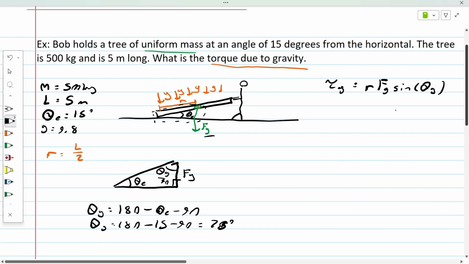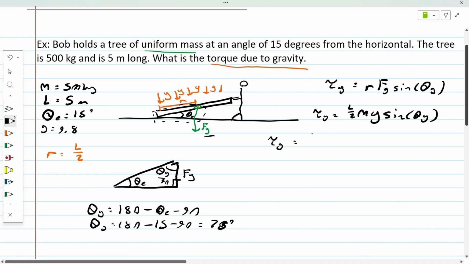So now we can start plugging some more variables in. So we said r is 1/2 the length. Our Fg is just mass times gravity, because that's always what mg is. And we know the mass and we know the gravity, and then the sine will be that theta g, which we just found. And now we have all these variables, and we can simply plug these in.